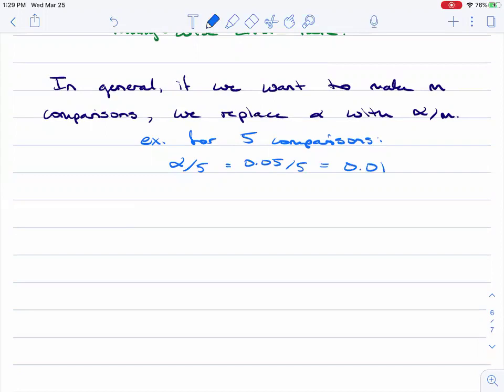So now for each comparison, you would decrease your alpha to 0.01, right? But then your overall family error rate is still 0.05, right? So you're trying to bring that down.